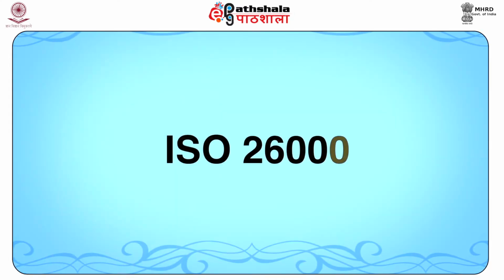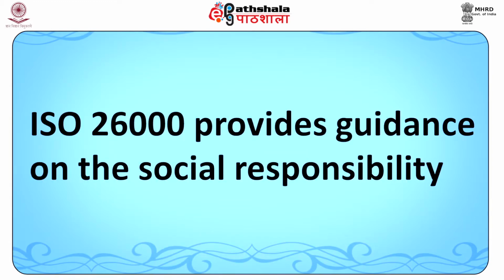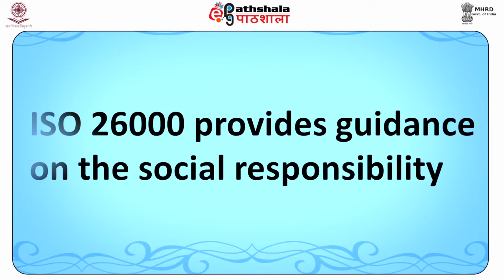Now, let's learn about ISO 26000. ISO 26000 provides guidance on social responsibility. ISO 26000 is not a certification standard. It is not developed for certification purposes. Rather, it helps organizations to contribute towards their social responsibility.